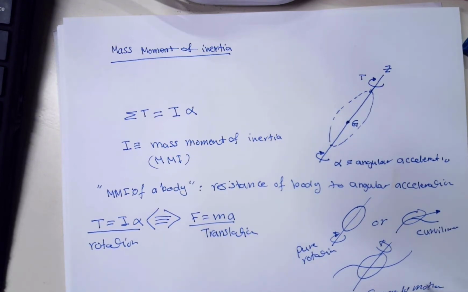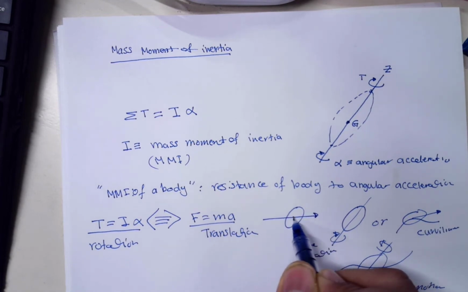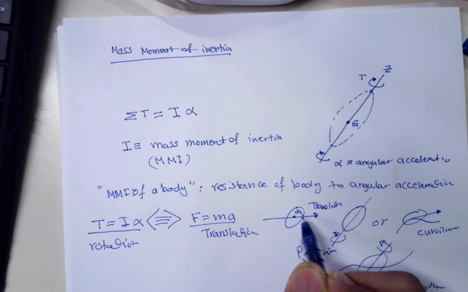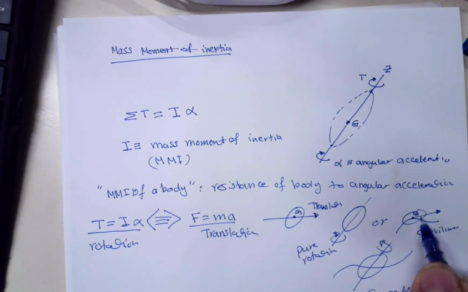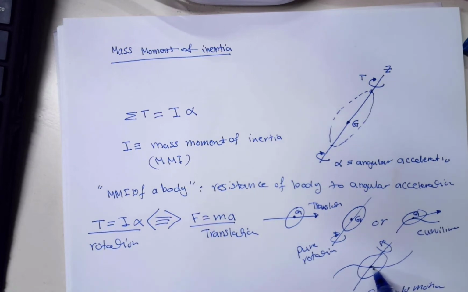General motion combines curvilinear translation and rotation. And the special case is pure translation. Always we measure them with respect to a point, typically the center of gravity, or CG.